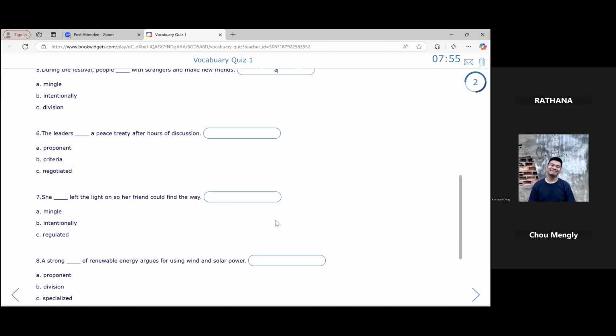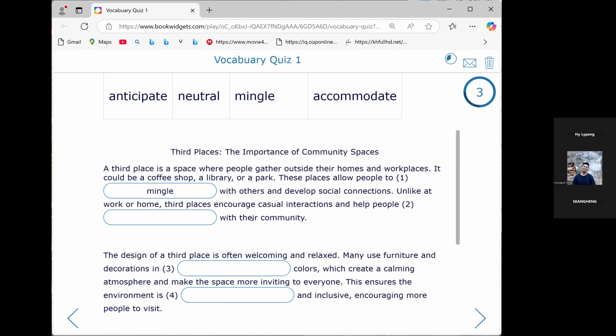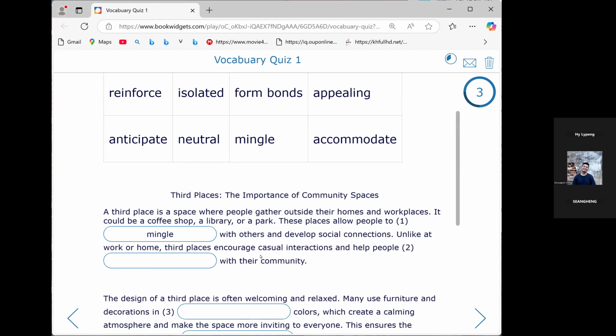I think letter C. Letter A. Why A? The leader proponent appears strategy after hours of discussion. For me, I think it is interaction, and you make a bond or form a bond with the community. Form bonds.